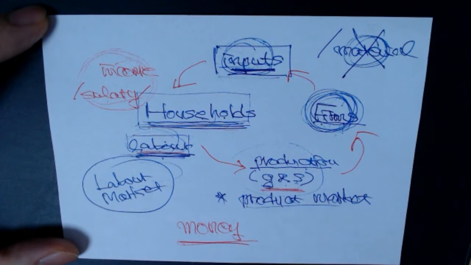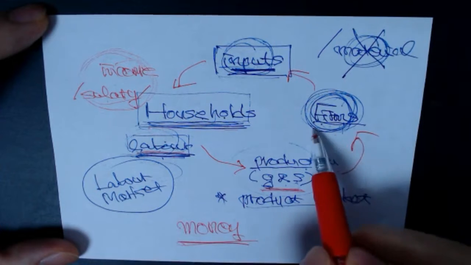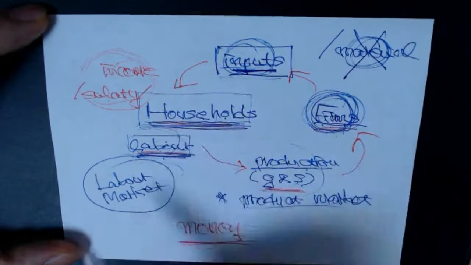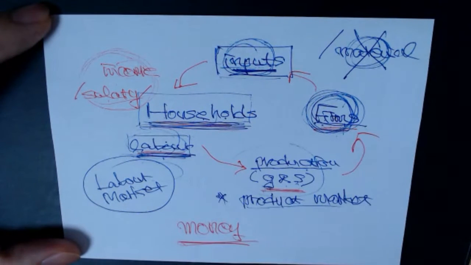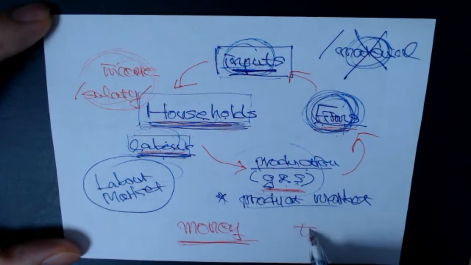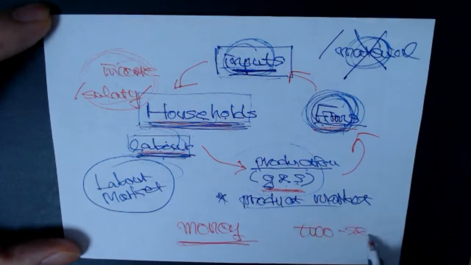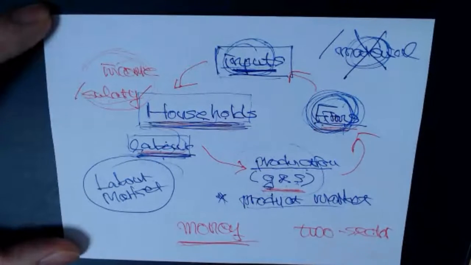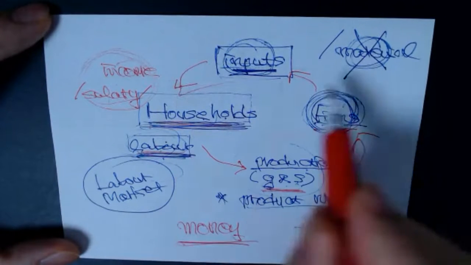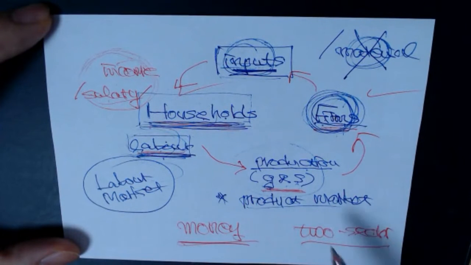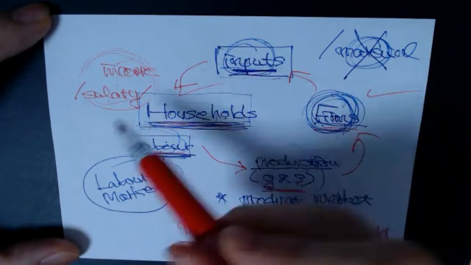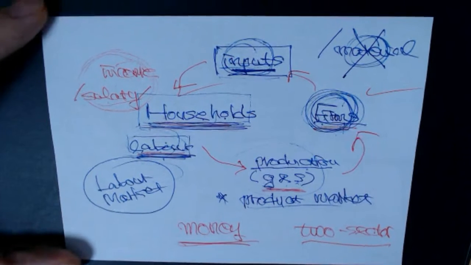We haven't had government yet. So in this paper, we just have firms and households, no government. So this status we call two sectors, because we just have households and firms, two sectors involved in these economic activities.